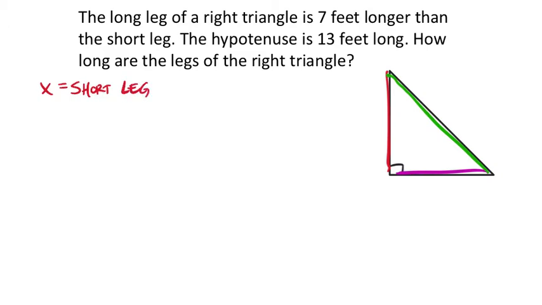Since I'm doing it in red, this will be my short leg in red, even though it appears to be longer than the purple one. Okay, so the purple one will be my long leg then. It is related to the short leg. You could take the short leg, but it's 7 feet longer than that. So that's my longer leg right there. Then it said, in addition to that, the hypotenuse is just a straight 13 feet, looks like.